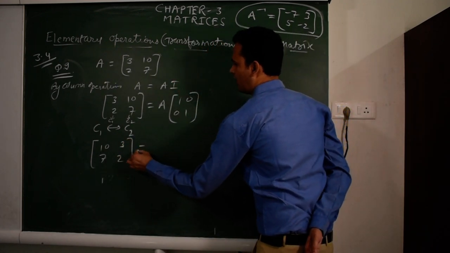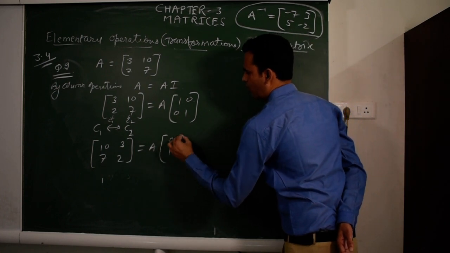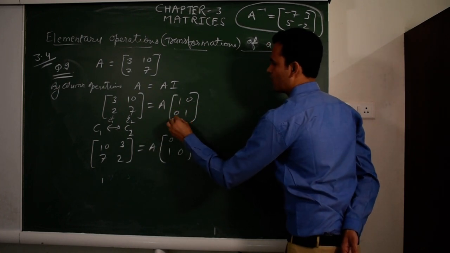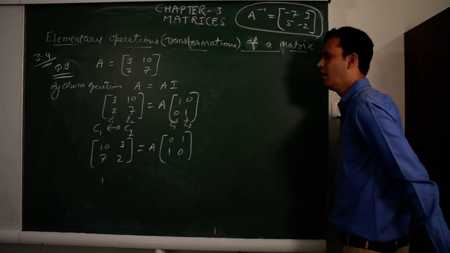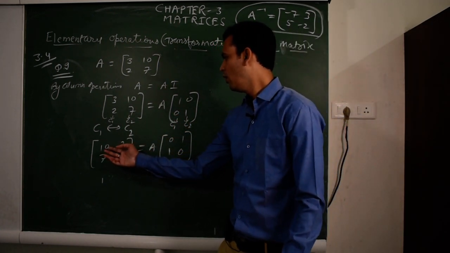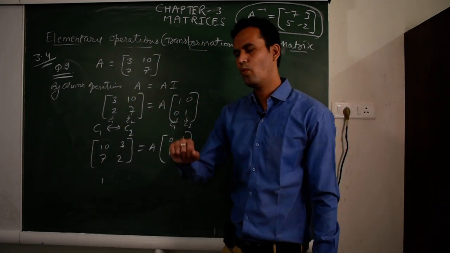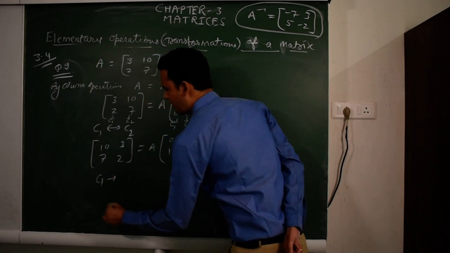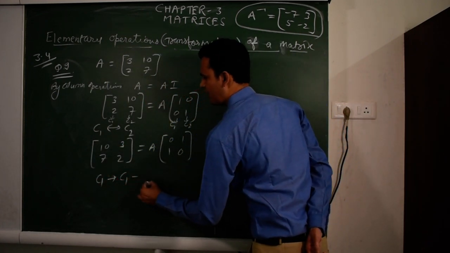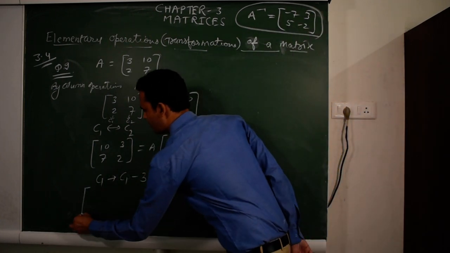Here A equals A, and 0, 1, 1 and 0. C1 changes to C2 and C2 changes to C1. Okay. So now the first element, we change this element to 1 by operations. So change C1 to C1 minus 3C2.